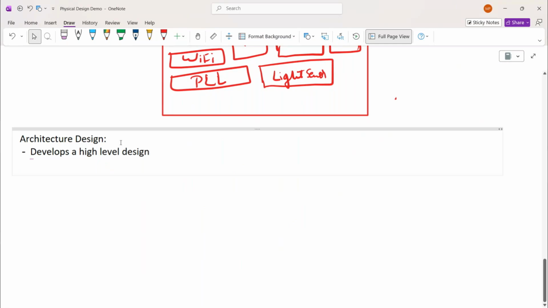So from the specification, he will represent the key components in a block diagram.